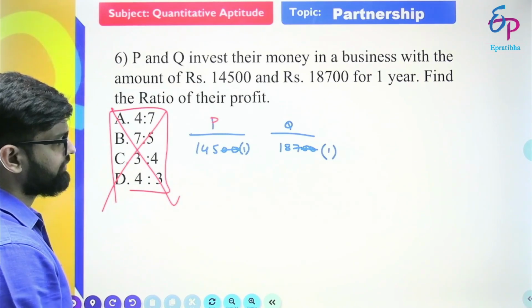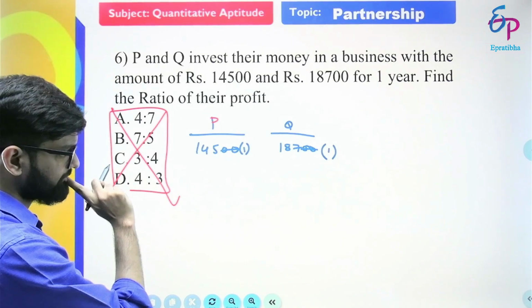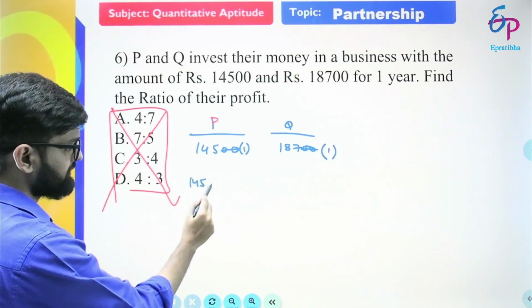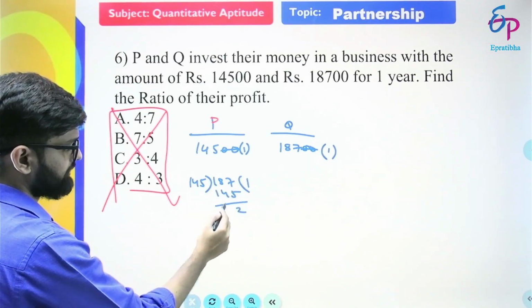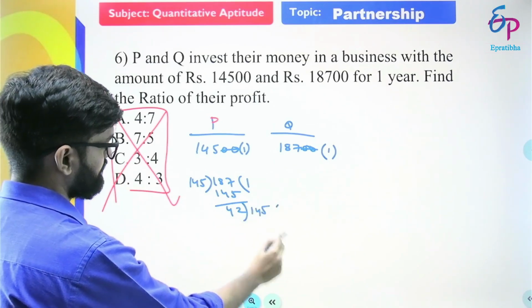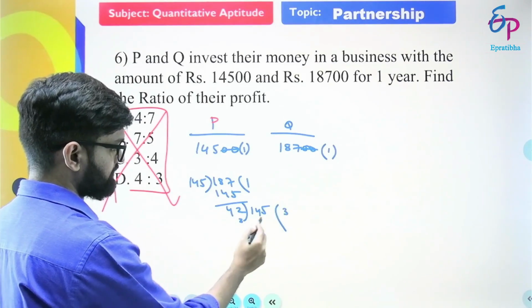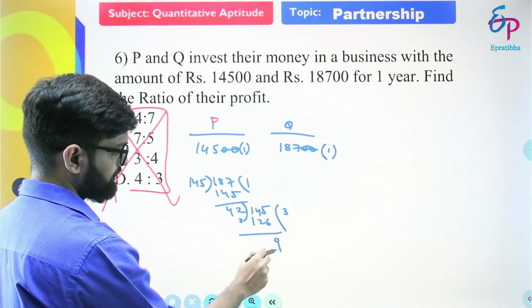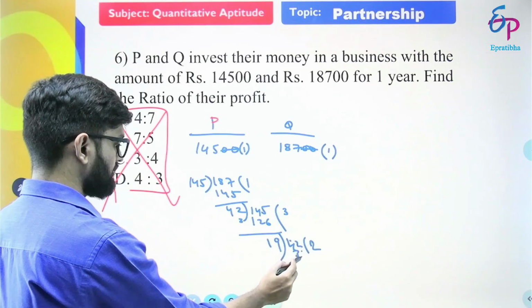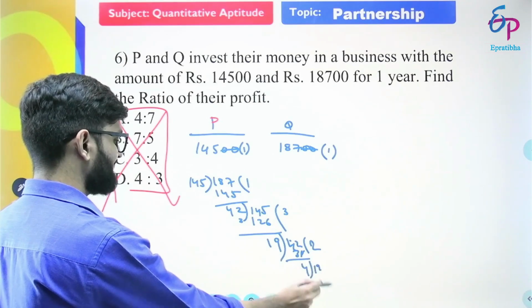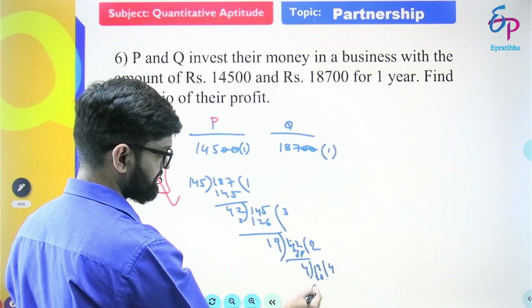7 table it will not go, 9 table no chance. 145 and 187, let's find the GCD.